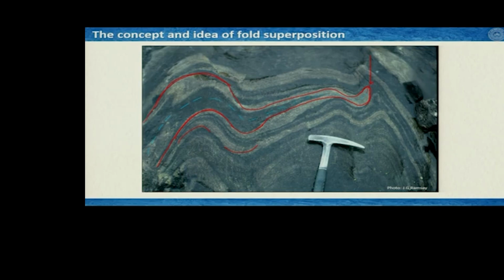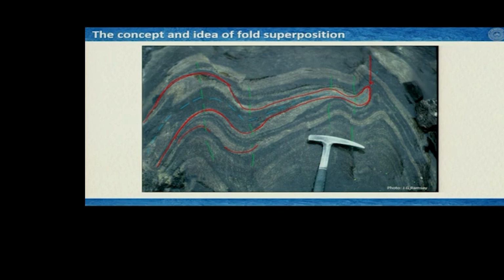And interestingly, the axial trace is not a straight line. So therefore, the axial trace got curved. And how did it get curved? It got curved because you have another fold, the axial traces of which are like this, and in this case the axial traces are very much straight. So one has axial traces which are curved, and one has axial traces which are straight.